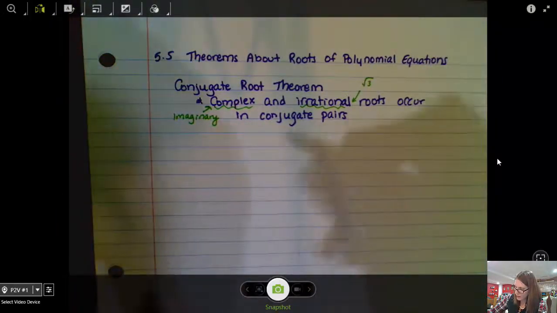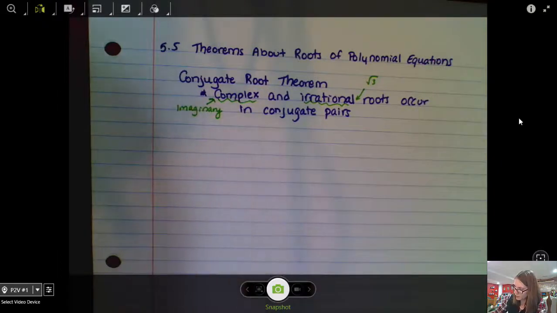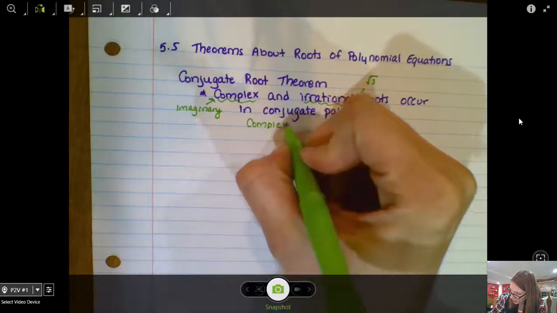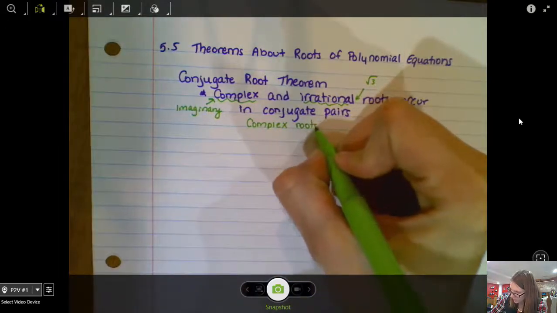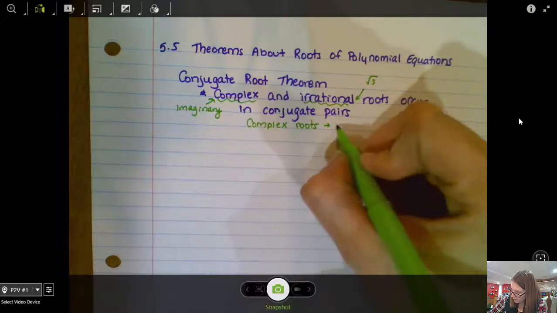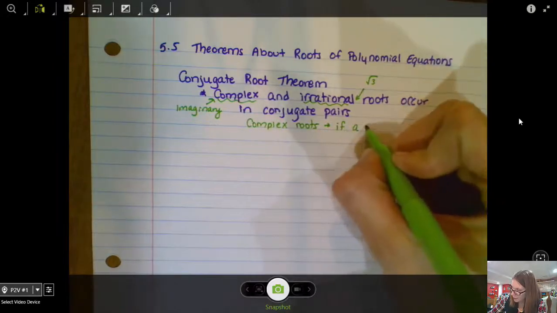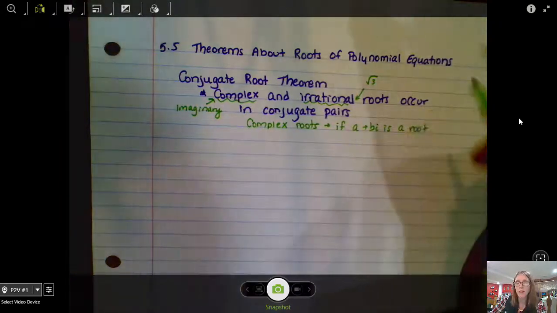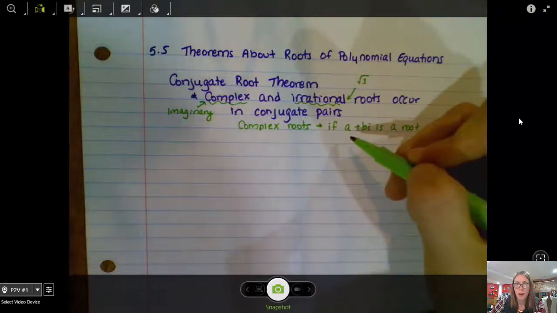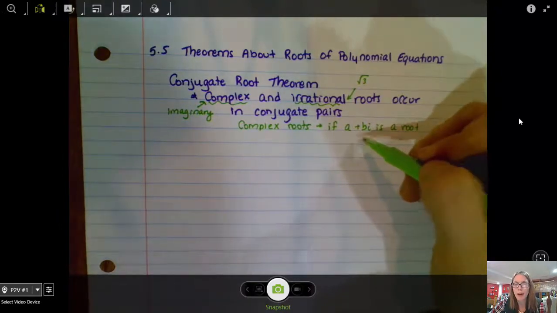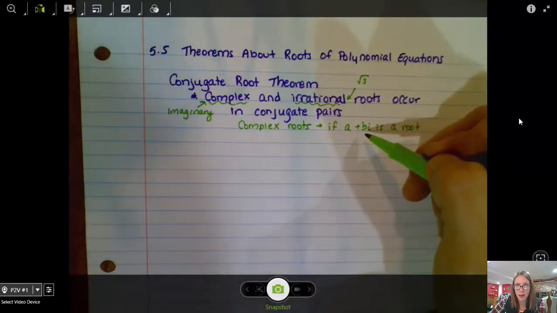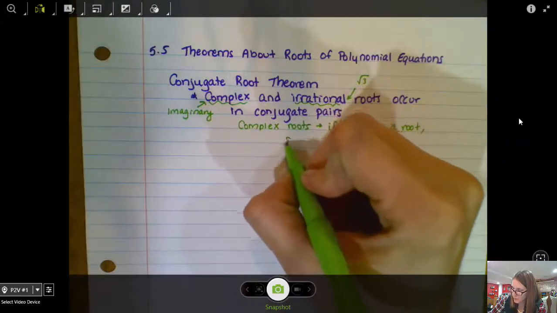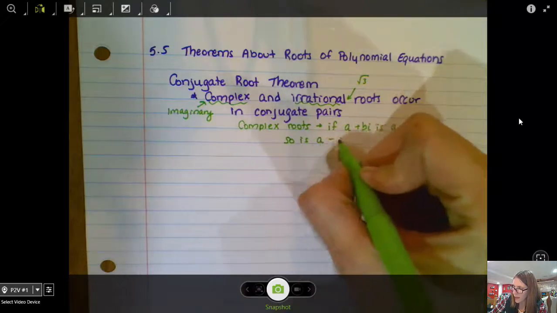Now, what this really means, we'll talk about our complex roots first, okay? If a plus bi is a root, so if you have a root that's in the form 3 plus 2i, a number plus a coefficient times i, if a plus bi is a root, so is a minus bi.